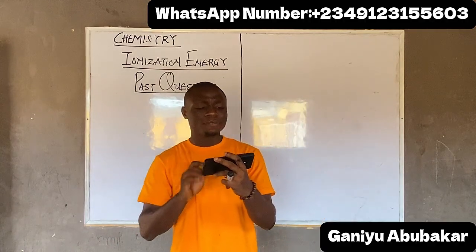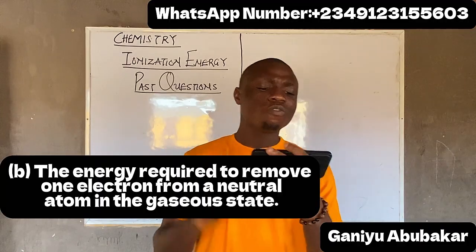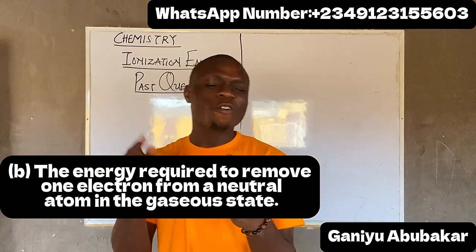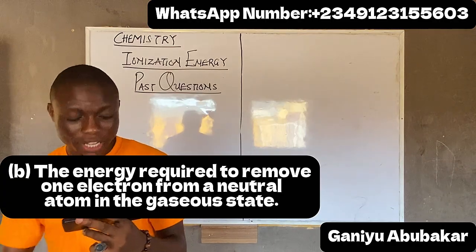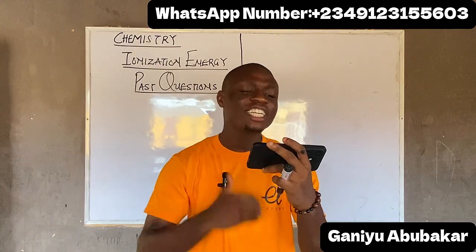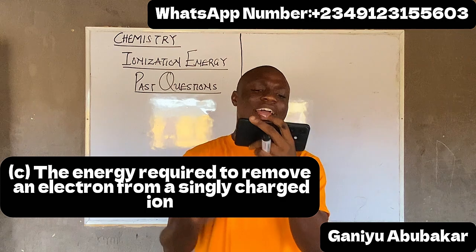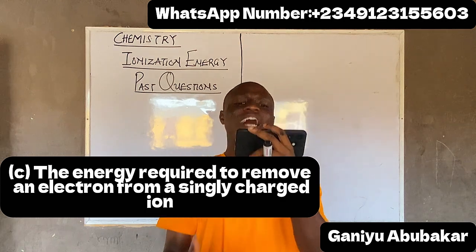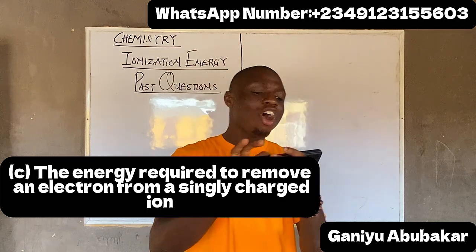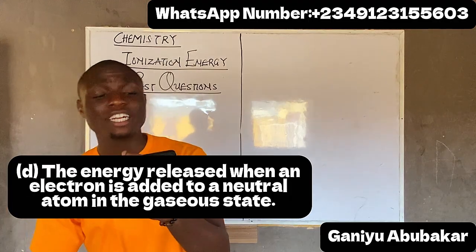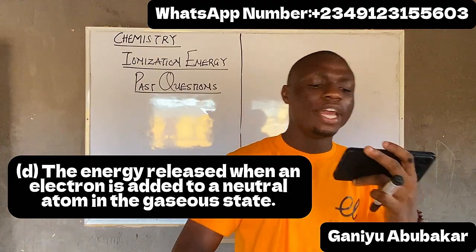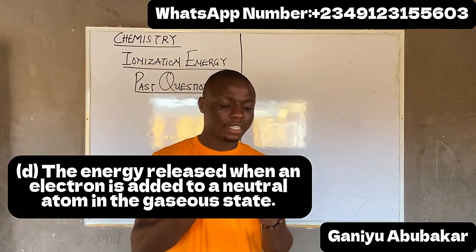Option B says the energy required to remove one electron from a neutral atom in a gaseous state. Makes sense. Option C says the energy required to remove an electron from a singly charged ion. Option D says the energy released when an electron is added to a neutral atom in a gaseous state.